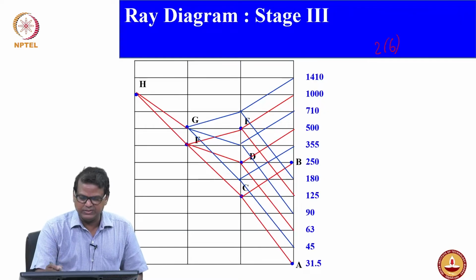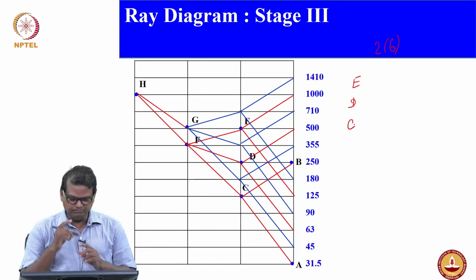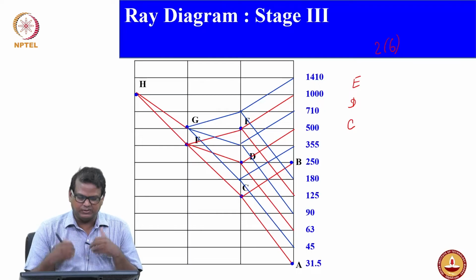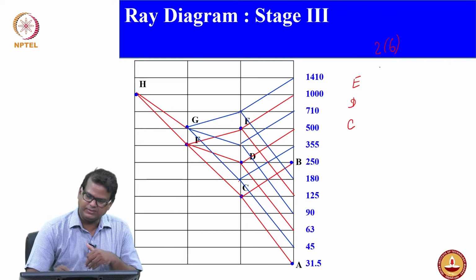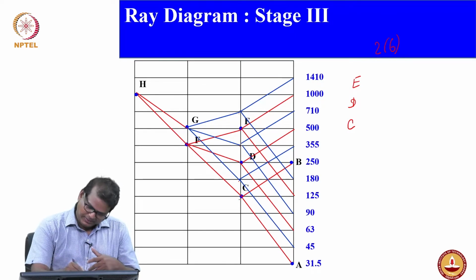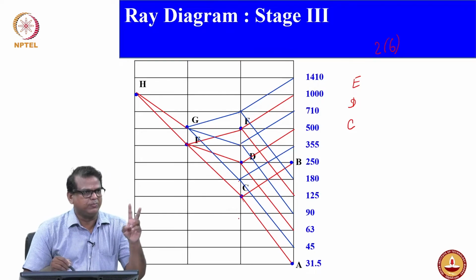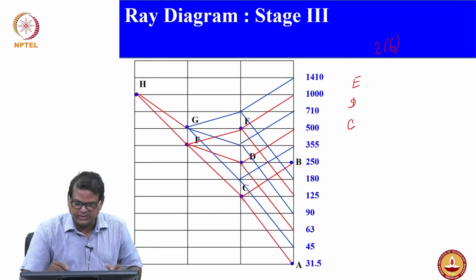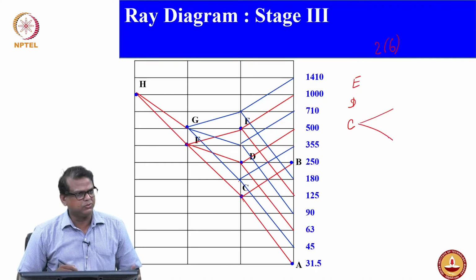We have C, E, D is there, and C also there. In fact you have in between also 1, 2, 3, 4, 5, 6. These are 6 input speeds, and each input speed should give you 2 output speeds, okay. For example, C will give me 2 speeds, right?